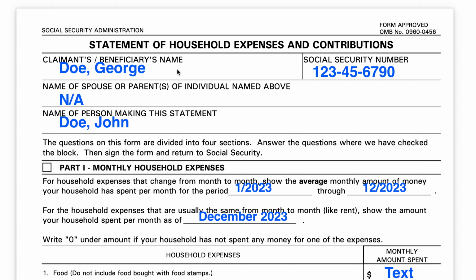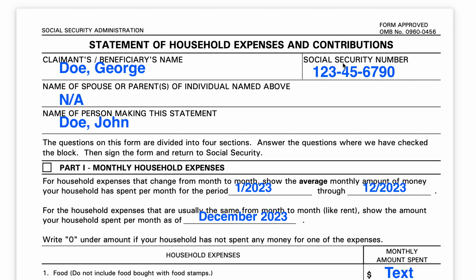So we're going to walk through this as if John is trying to provide supporting documentation that George is indeed paying his fair share. Some or all of this may already be completed for you if the Social Security employee gives it to you. We're just going through this as if we're starting with a blank sheet of paper.